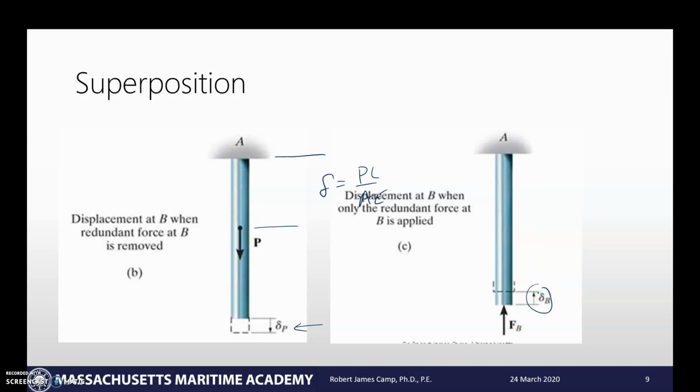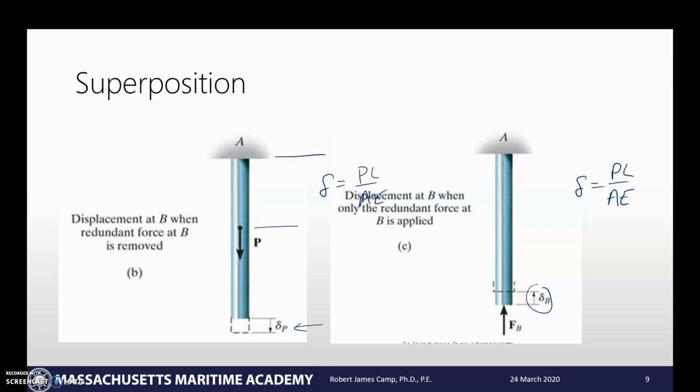So I'm just going to take this rod now, ignore everything else, and consider just this force at B, pushing up on there. What I need to figure out is how much deflection I'm going to have at B. So how do I do that? Well, the deflection is going to be PL over AE, just like we did before.